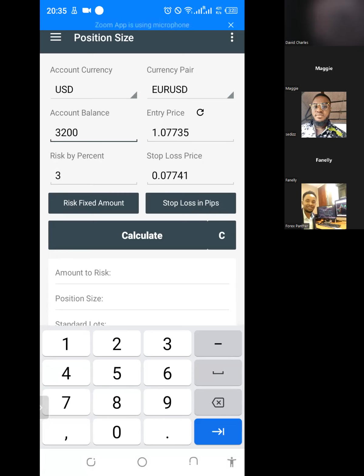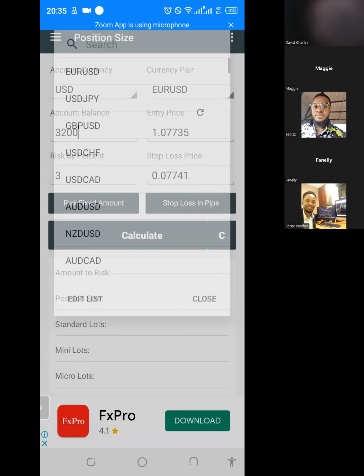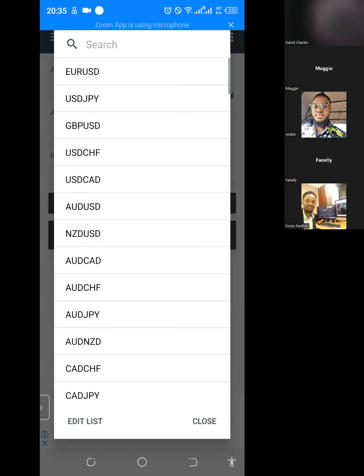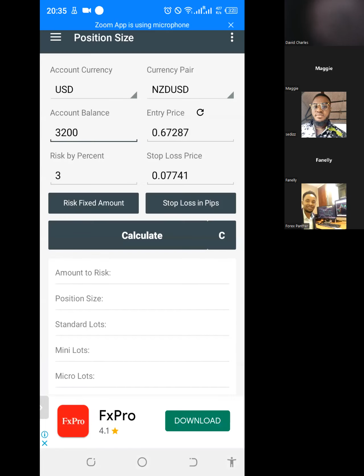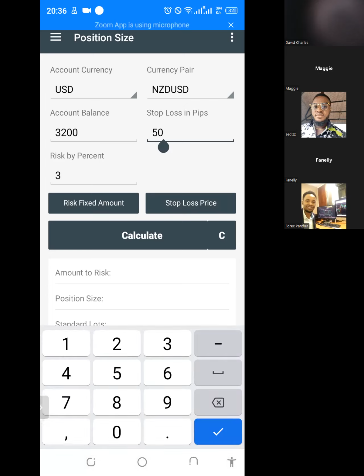I'll put it, okay, which pair am I trading? Maybe I'm trading NZUSD. I'll come to NZUSD, and I'll come here, or if I want, I can come here, stop loss in pips. I can say when it reaches maybe 30 pips, I want to come out.